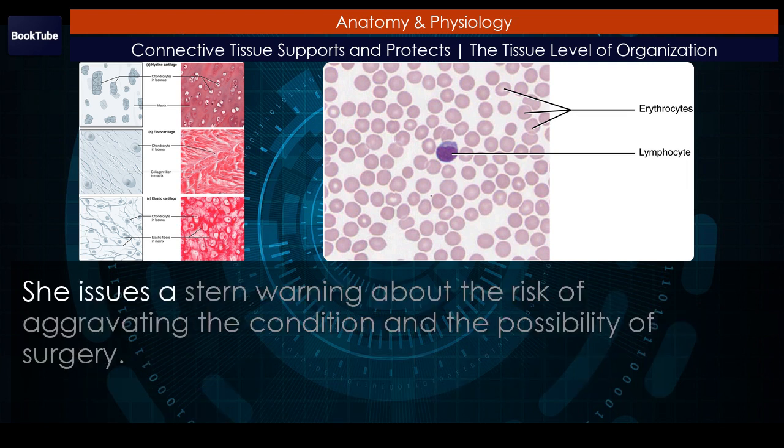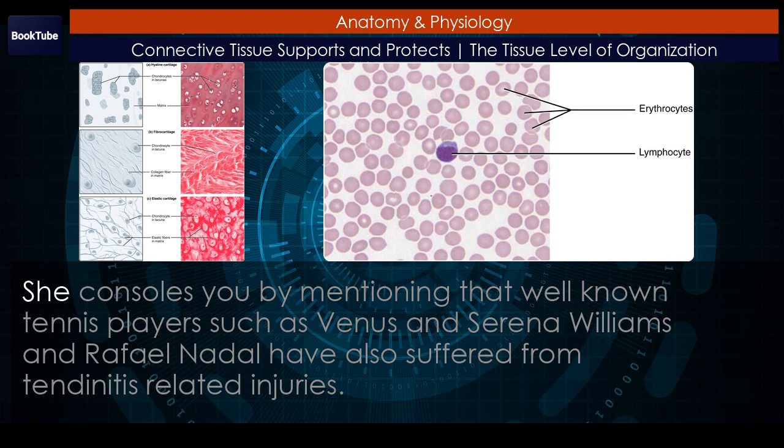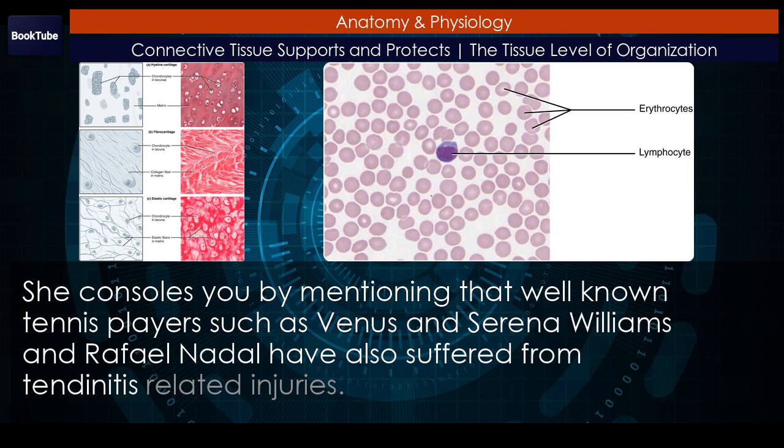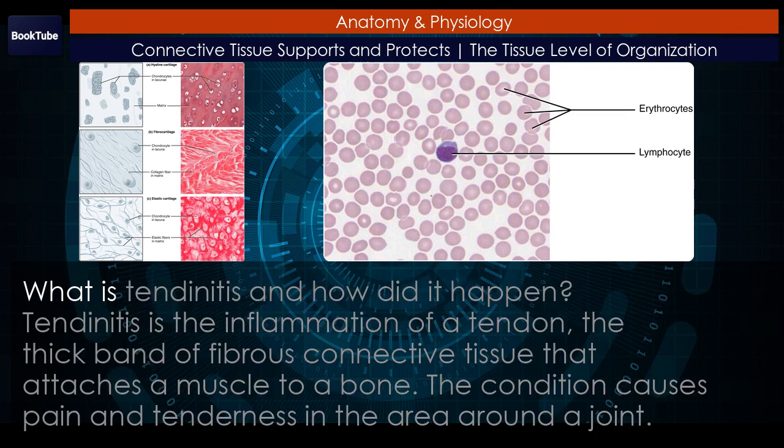She issues a stern warning about the risk of aggravating the condition and the possibility of surgery. She consoles you by mentioning that well-known tennis players such as Venus and Serena Williams and Rafael Nadal have also suffered from tendinitis-related injuries. What is tendinitis and how did it happen?